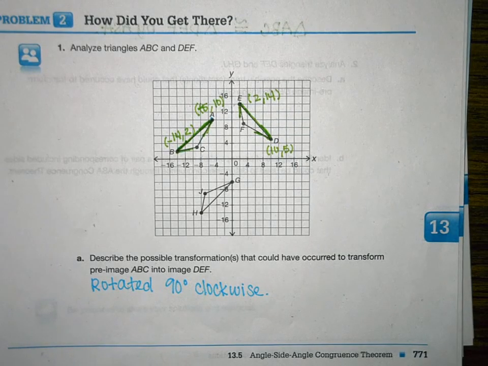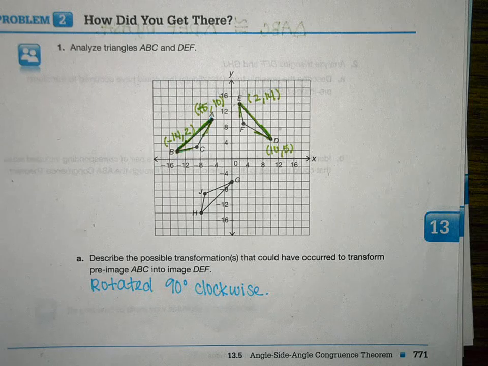That's what angle, side, angle means. So you must have two angles and the included side congruent in order for the two triangles to be congruent using angle, side, angle.